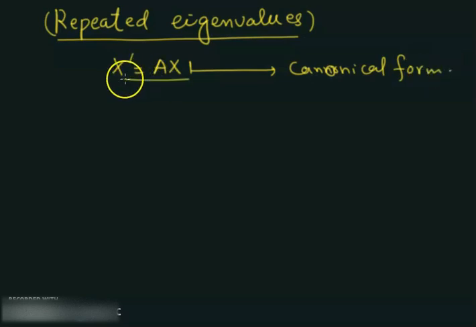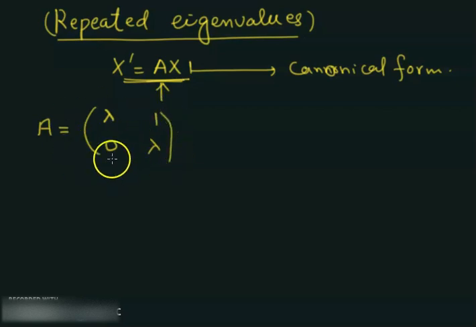We assume that this dynamical system is in such a form where A is not in the canonical form. First, I will let you know that the canonical form for the repeated eigenvalues is [lambda 1; 0 lambda]. This was the form.